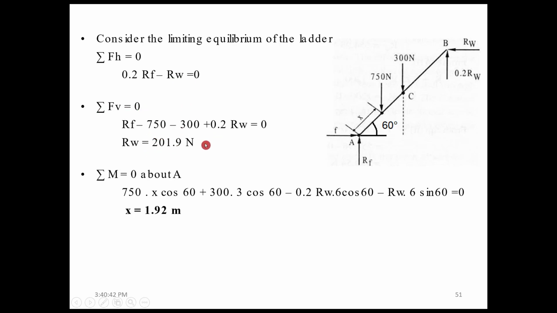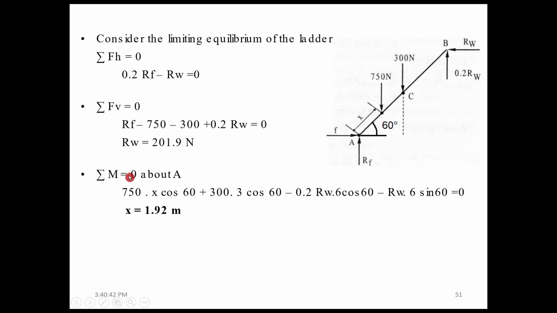On that we get directly that Rw is equal to 201.9, because we have one equation with Rf and Rw, and a second equation with Rf and Rw. So we have two equations, two unknowns, solving for Rw.